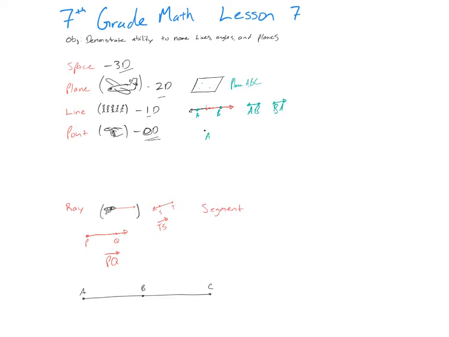Now a segment is just simply a piece of a line. So it has a starting point and it has an ending point. So I'll call this LM. So this would just be LM, and we put a little line over it without the arrows. So that's line segment LM.